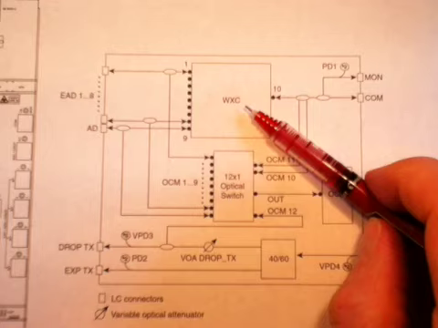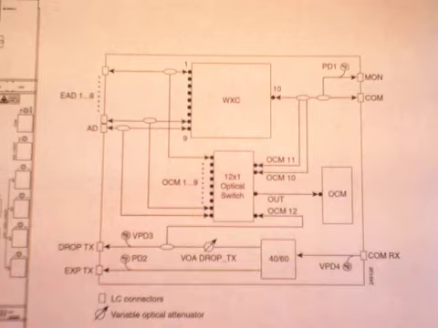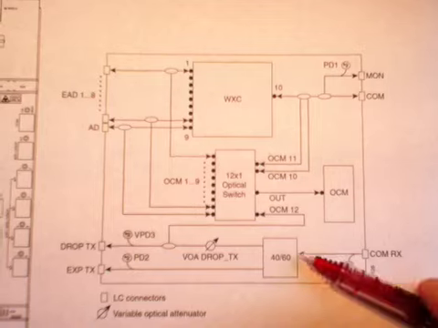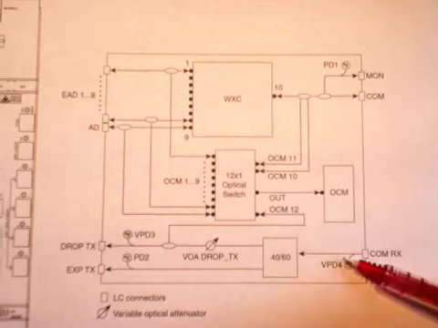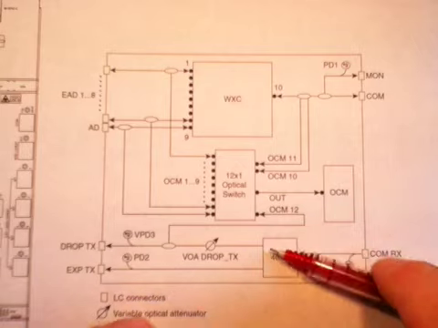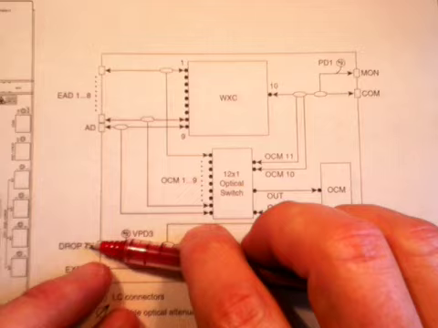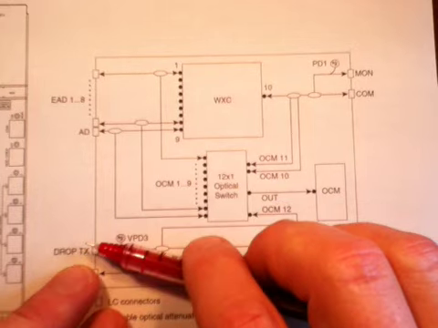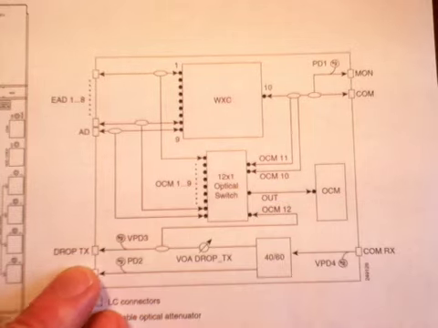So this is a very sophisticated device. It allows us to drop channels in the same way we've seen before, where we just have a splitter and we send all of our channels out on that drop channel and let a demux separate them back out. And whichever ones we want to drop, we just take.